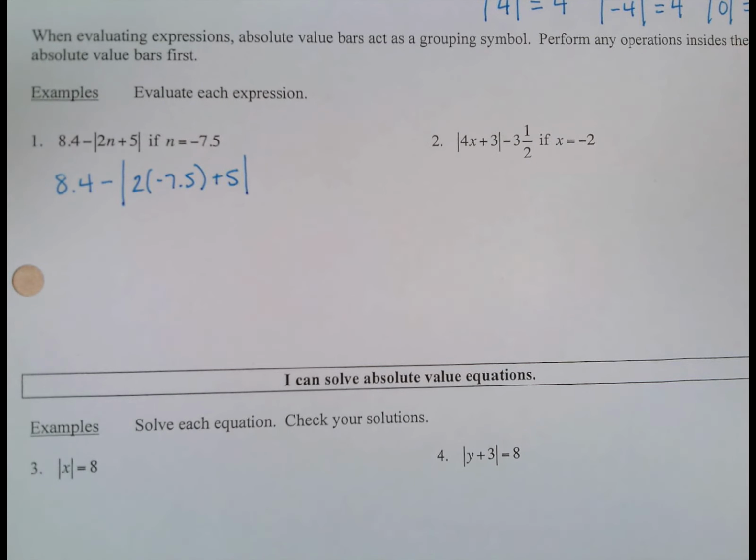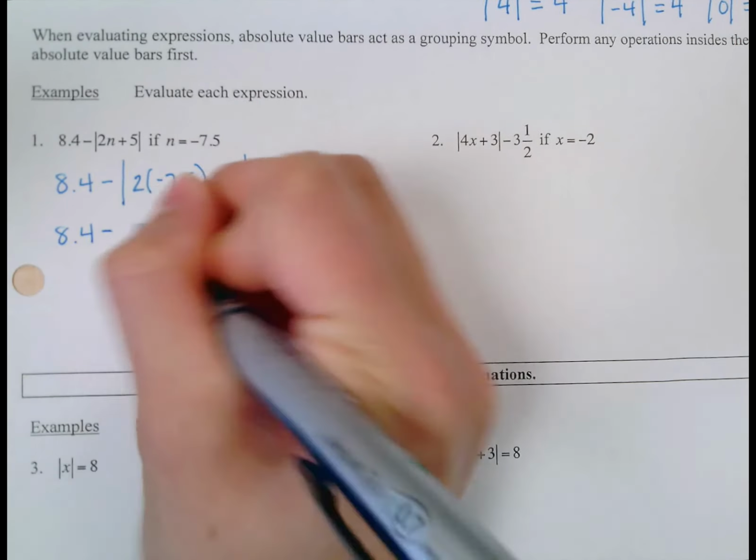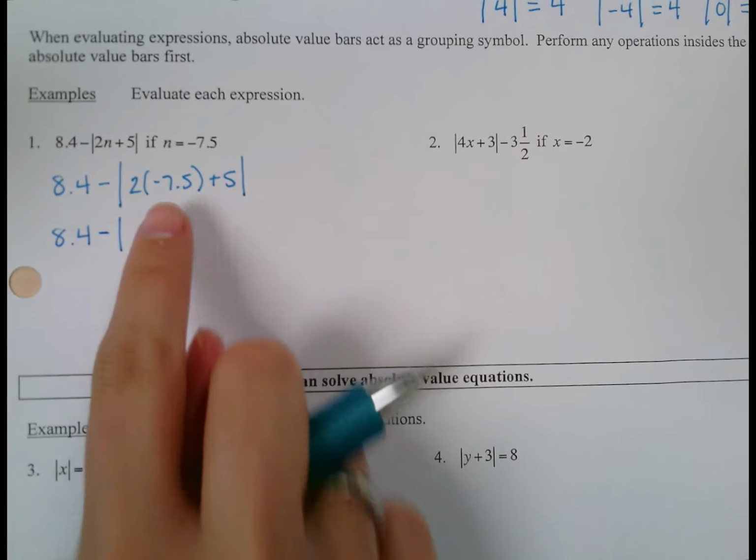And then we need to simplify inside of those absolute value bars first. And make sure that until you actually take the absolute value, you're not dropping those absolute value bars and just losing them. So I'm going to keep the 8.4 minus absolute value bar.